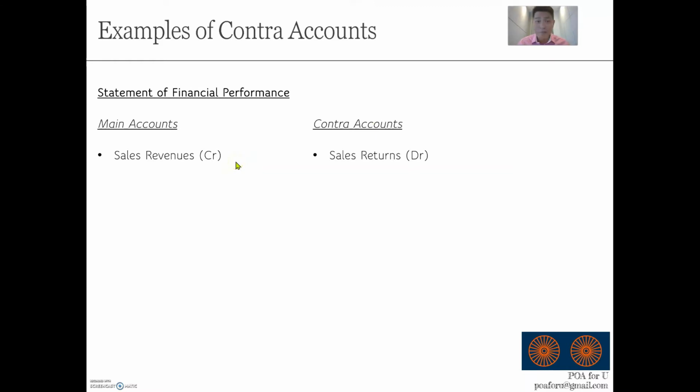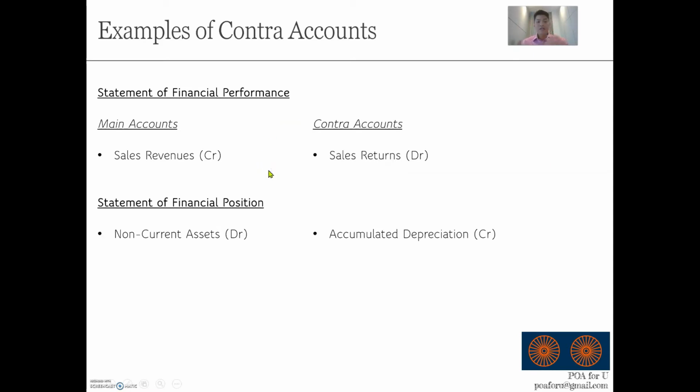It's a number that represents how much goods you have sold to your customers, and sales returns is debit in nature, and it represents how much goods your customers have returned to you after you have sold them something. So to get your net sales revenues in your statement of financial performance, you have to take your sales revenues less your sales returns. So that's one contra account that you will only see in the statement of financial performance, and they should be presented together. And I'll show you that also in the next few slides.